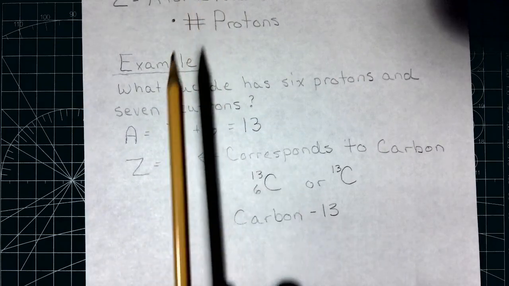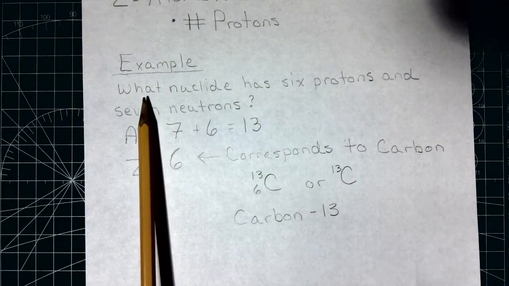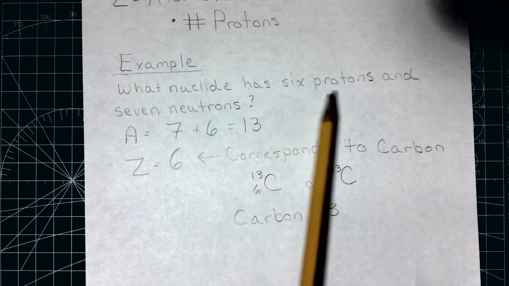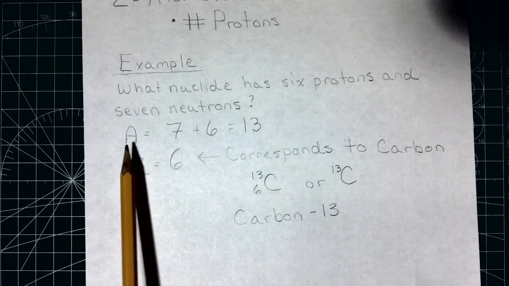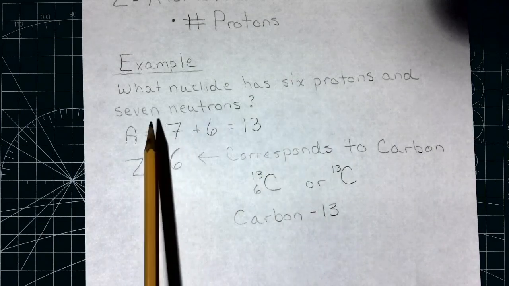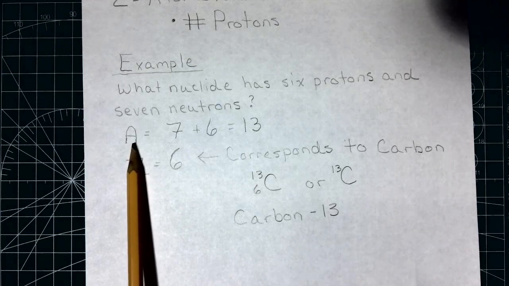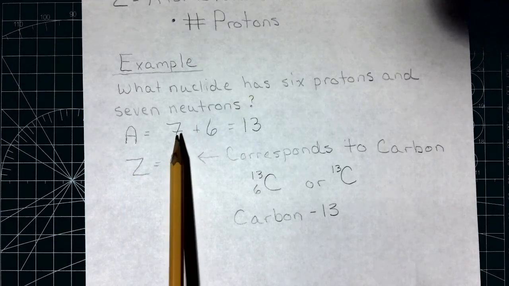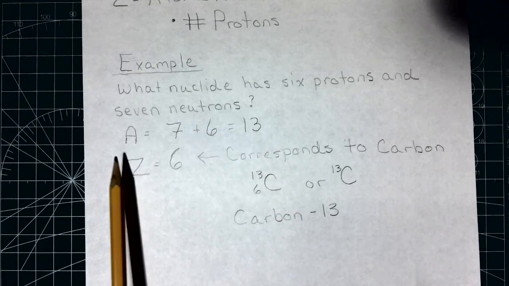So an example of working with nuclide symbols would be: what nuclide has 6 protons and 7 neutrons? If it has 6 protons and 7 neutrons, our mass number is going to be the number of neutrons plus the number of protons, or 13.